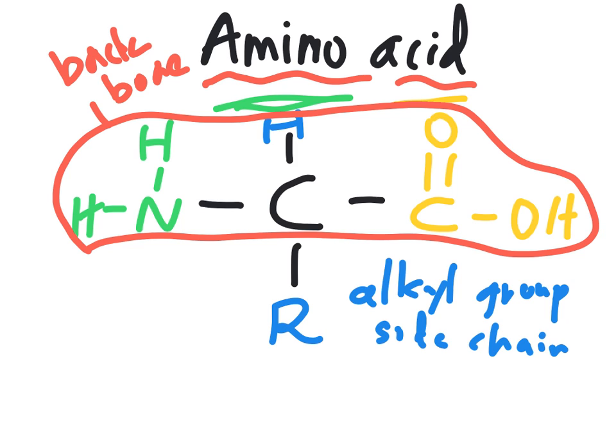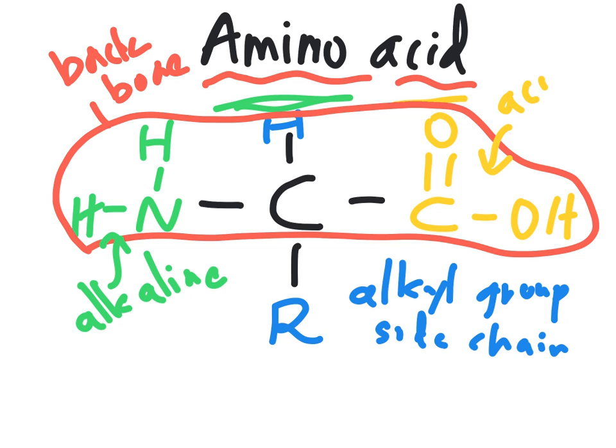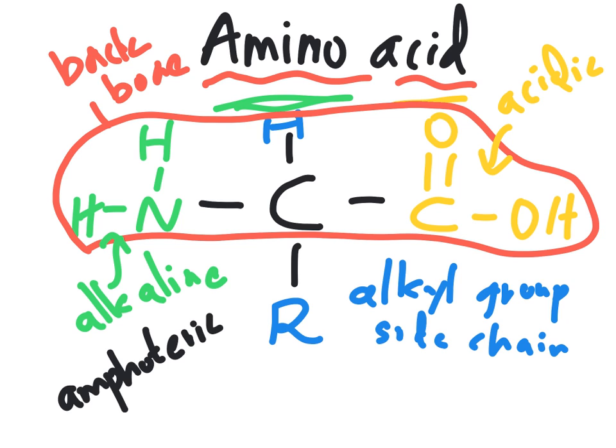As we have the amino group here, that gives an alkaline property to this molecule, and the carboxylic acid gives an acidic property. As we have both alkaline and acidic properties in this molecule, we call it amphoteric, or we say this molecule has amphoteric property, right?